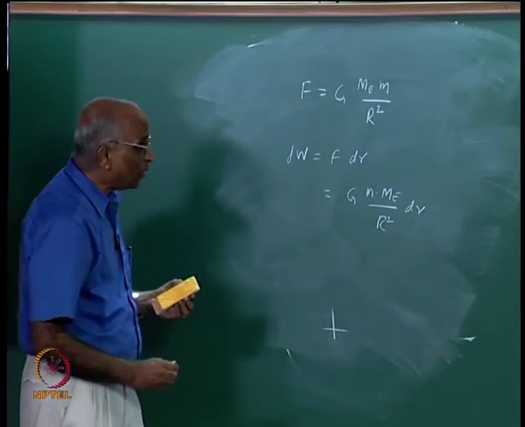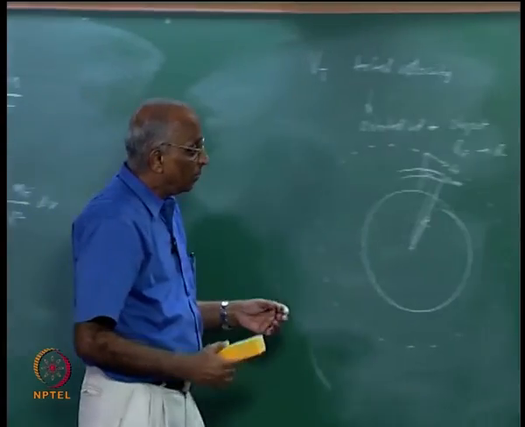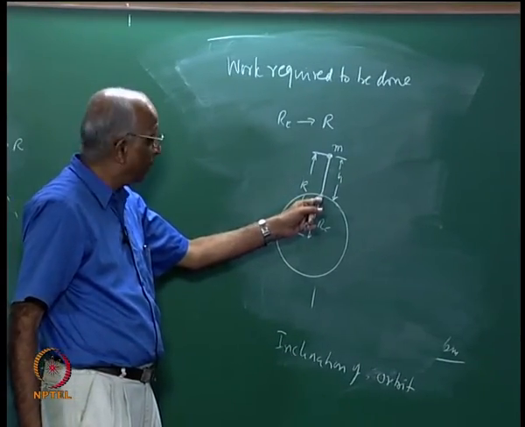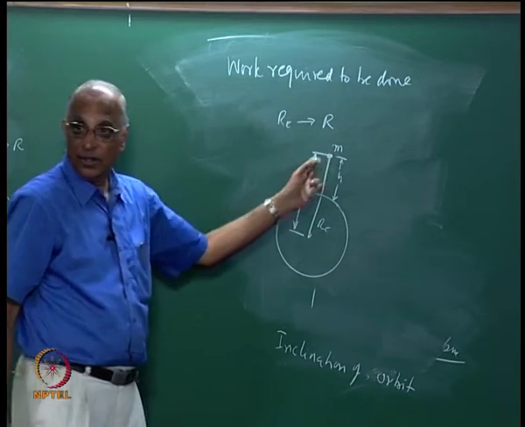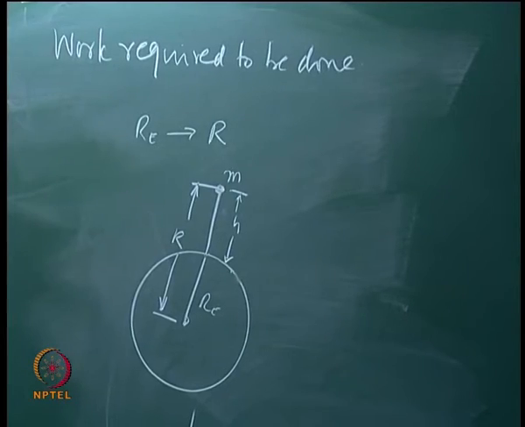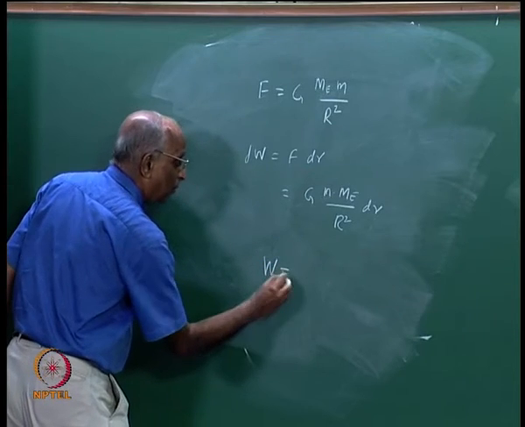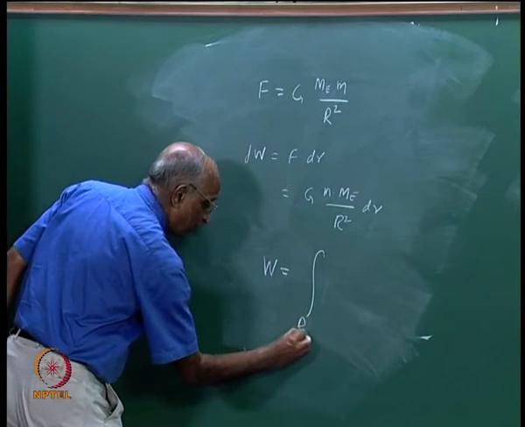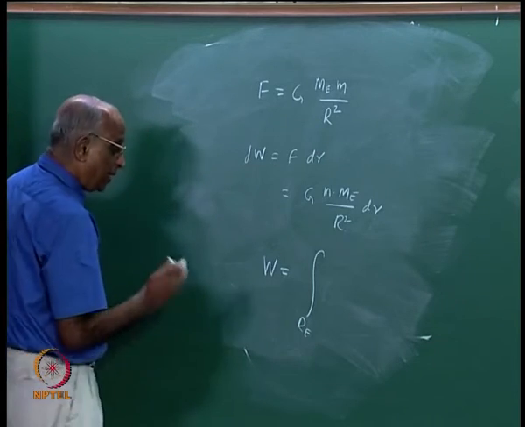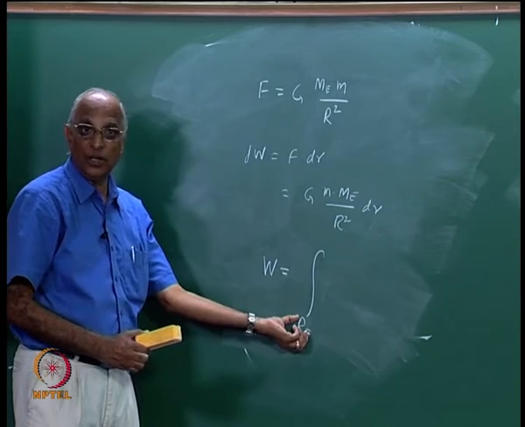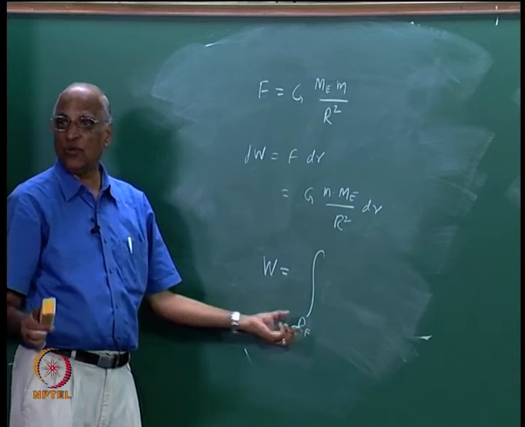And what is the work required as I go from the surface of the earth having radius RE to a height r? I just have to integrate to get the total work required, the integral from the surface of the earth. But mind you, let me qualify again and again, I am illustrating with respect to the earth. I could have all these things for anybody.